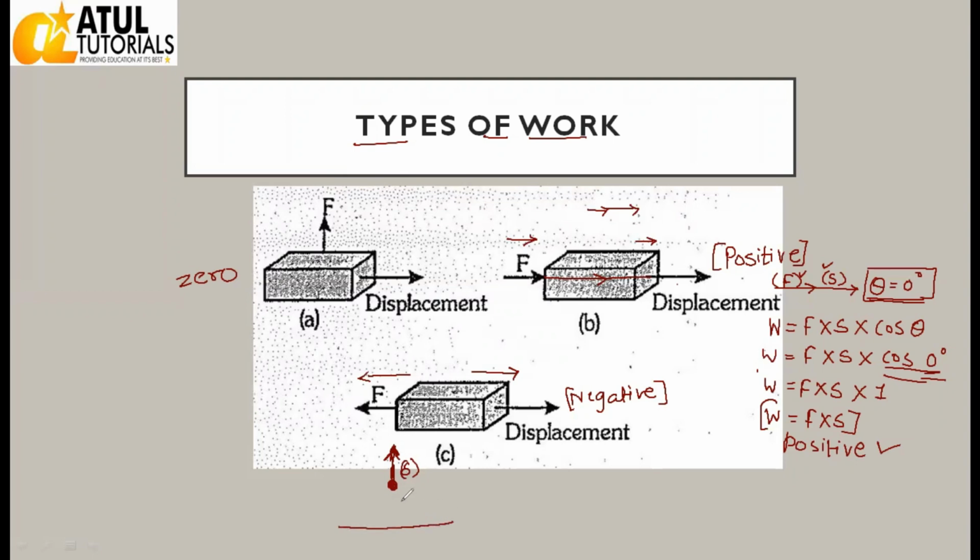But according to the ground surface, this is the direction of the gravitational force, downward, and this ball is moving exactly opposite to the gravitational force. This is the direction of the displacement of the ball, and this is the direction of the gravitational force, which is exactly opposite to each other.